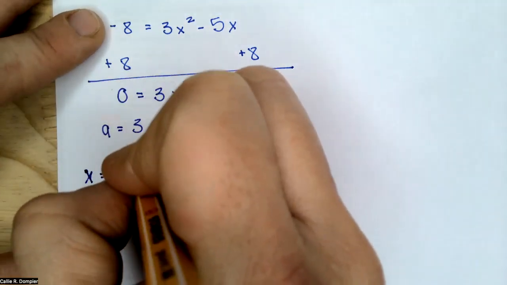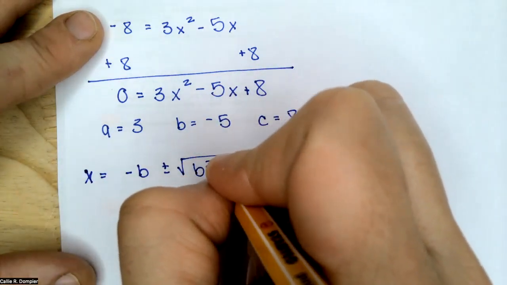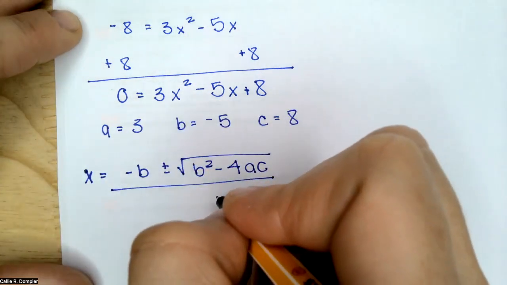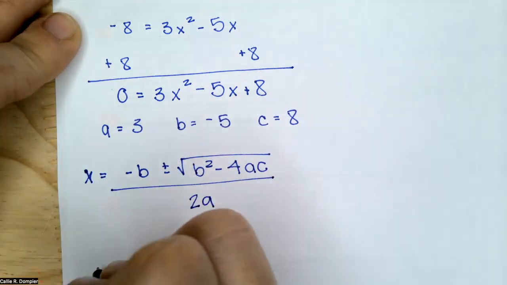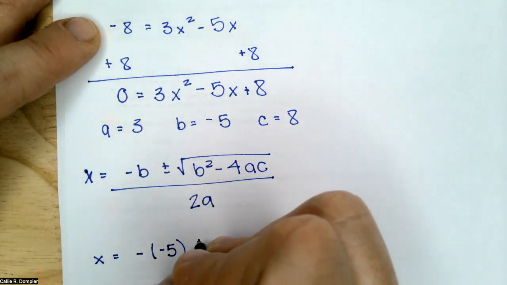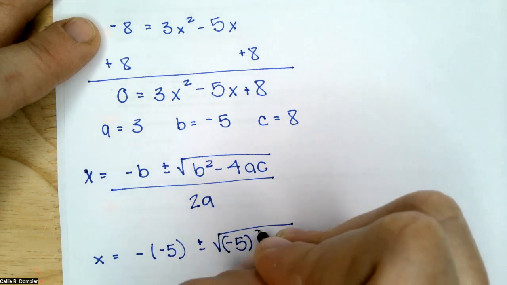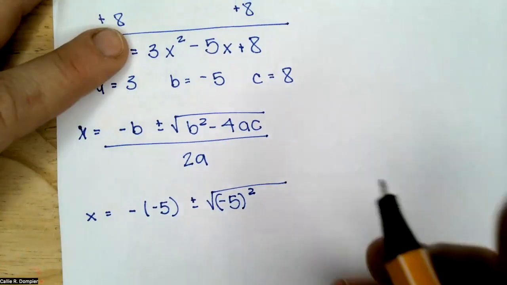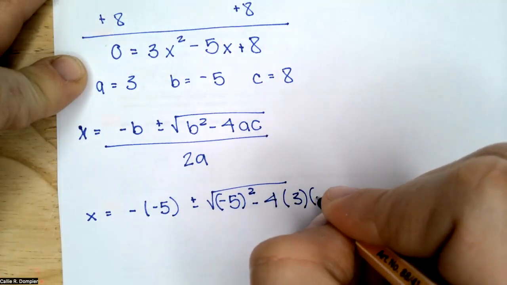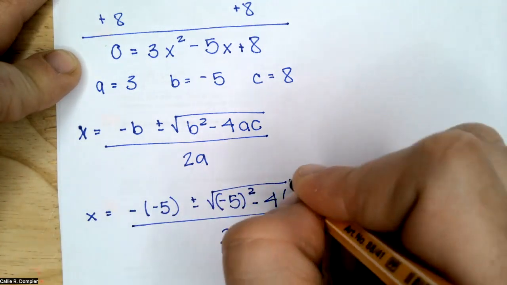x equals -b plus or minus the square root of b squared minus 4ac over 2a. -5 plus or minus the square root of -5 squared, important to keep that in the parentheses, minus 4 times 3 times 8, all over 2 times 3.